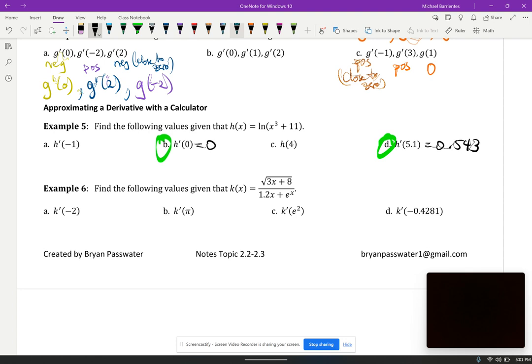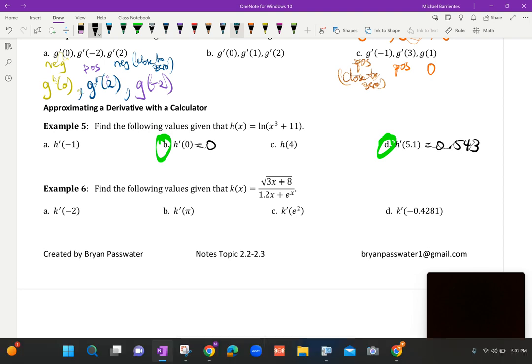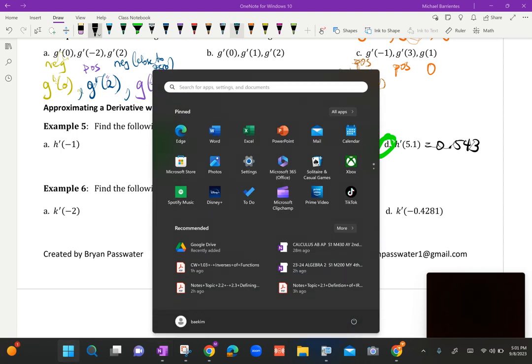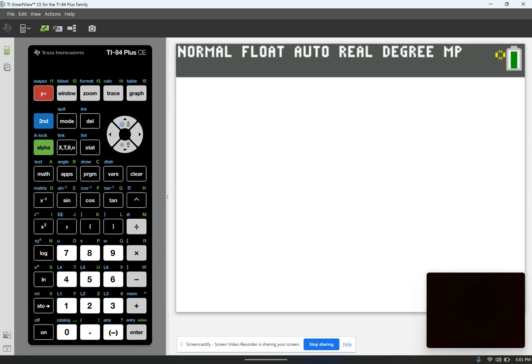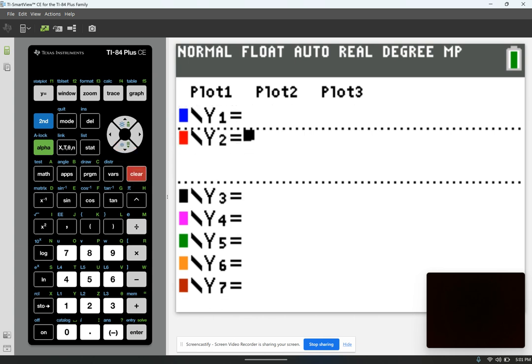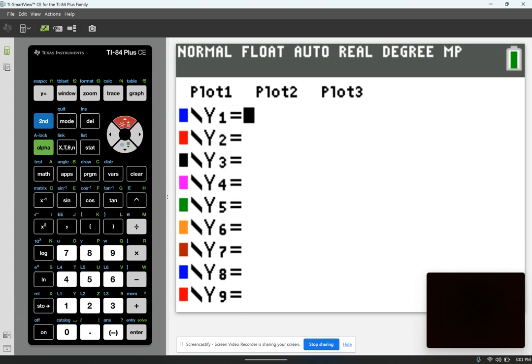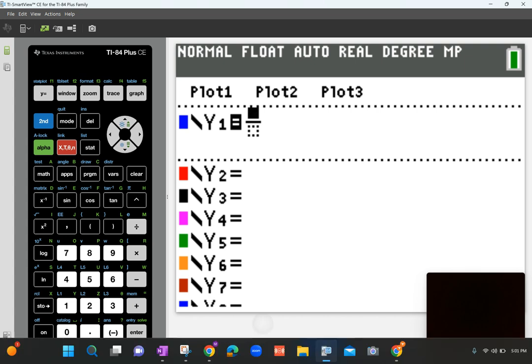And then finally, for this one, I'm going to try to show you a different way to do it. Square root of 3x plus 8, over 1.2x plus e to the x. Let's see. So for this one, I'm actually going to save my equation in y1. So I'm going to make a fraction.